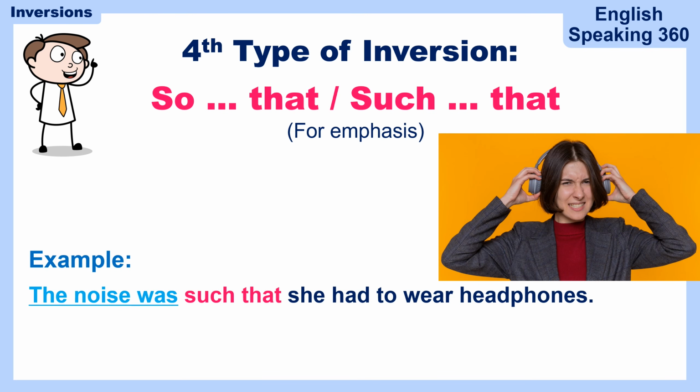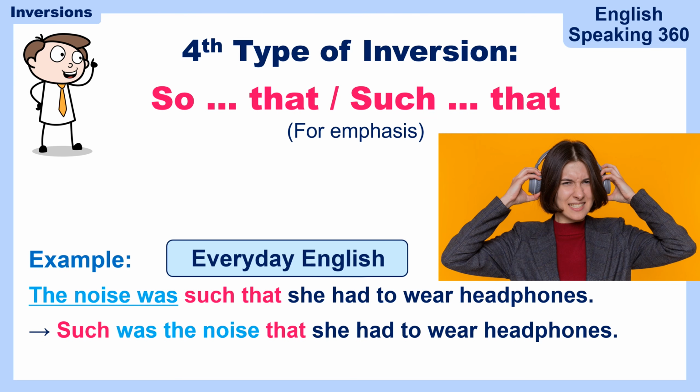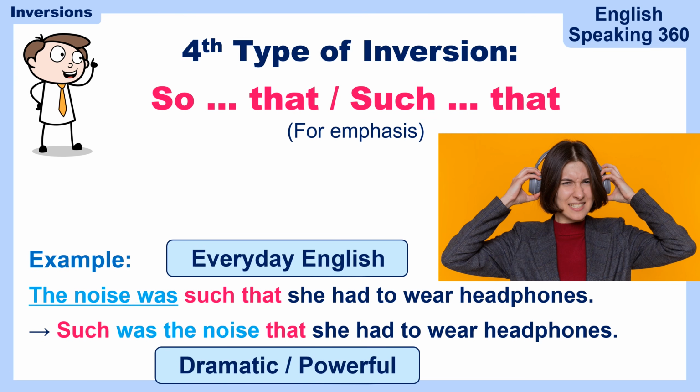The noise was such that she had to wear headphones. That's a normal sentence. Such was the noise that she had to wear headphones. One more time here, everyday English, dramatic or powerful English in the second sentence. Such was the noise that. Such the noise was, it doesn't make sense.